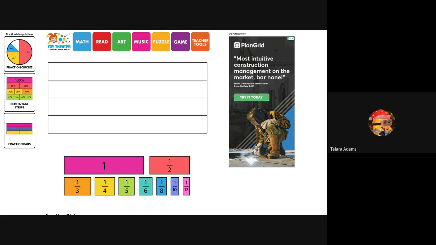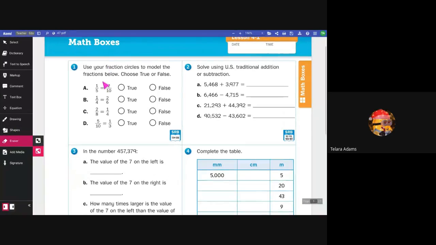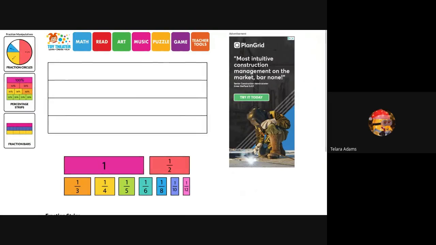So, speaking of this first example, I want to determine if 1/5 is equal to 2/10. Is that true? Let's see. Back to my fraction strips. 1/5 equals 2/10.